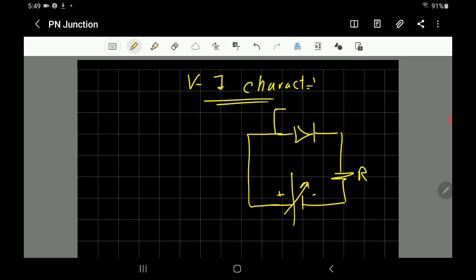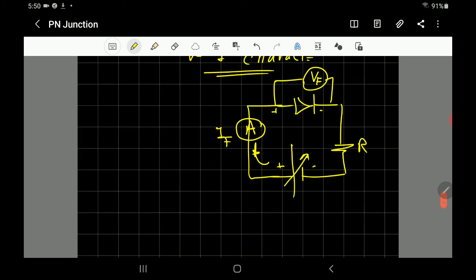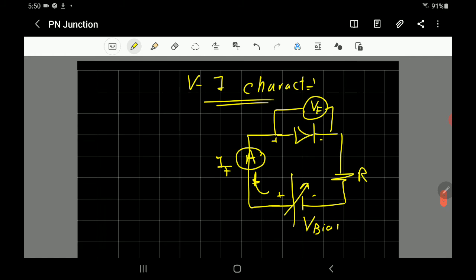We'll put a voltmeter here to measure the voltage, called VF, and add an ammeter here to measure the current, IF. We're changing the voltage of the battery, which is the bias voltage, and we'll check the relationship between VF and IF.